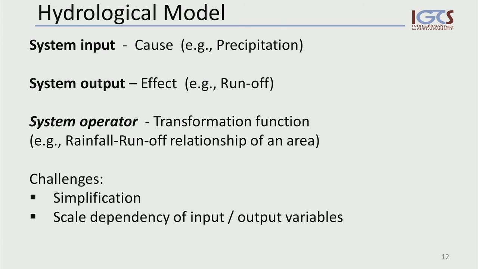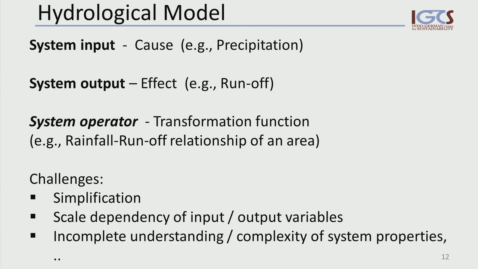We want to simplify, that's why it's a model. But also challenging are the scale dependency of our input and output variables. Remember our last class on this issue, and our incomplete understanding, or otherwise the complexity of our systems.